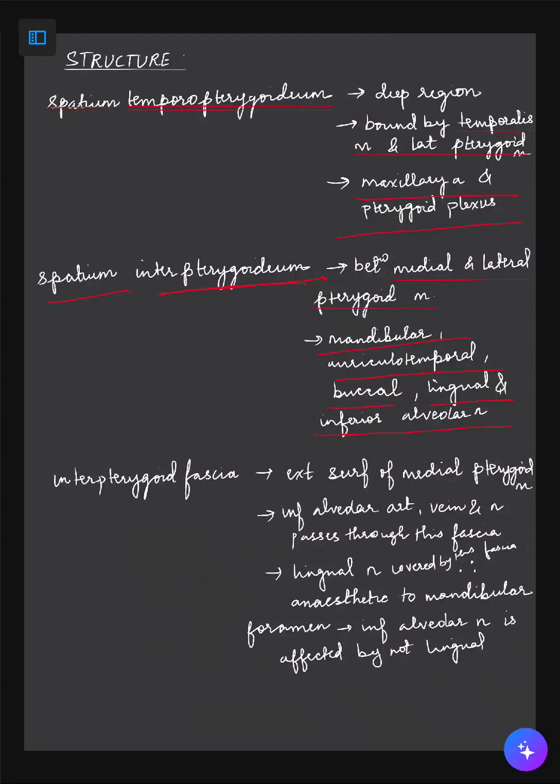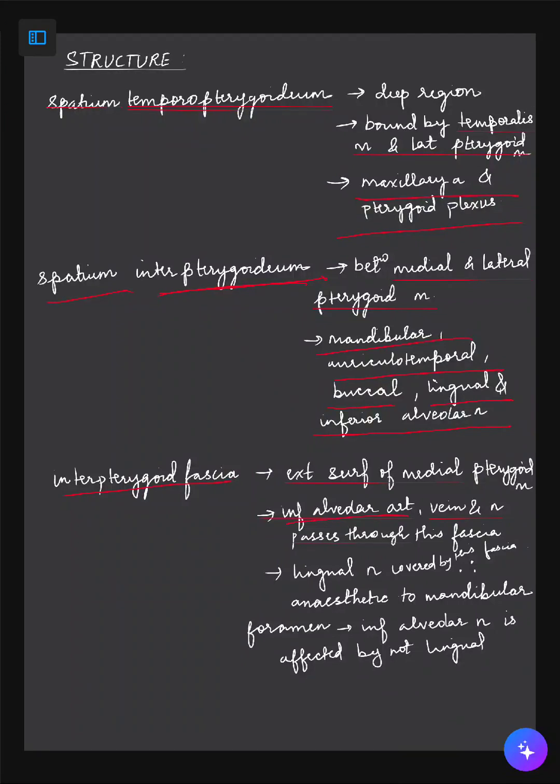Next is the interpterygoid fascia. This fascia is on the external surface of the medial pterygoid muscle. Through this fascia, the inferior alveolar artery, vein and nerve pass. Now pay attention.